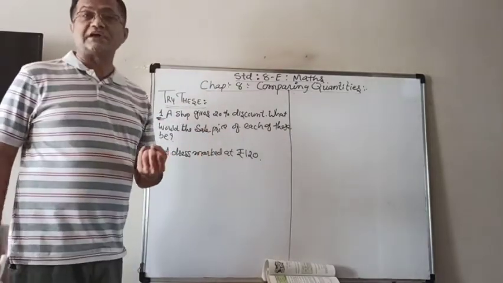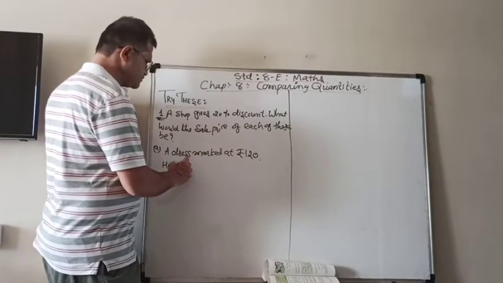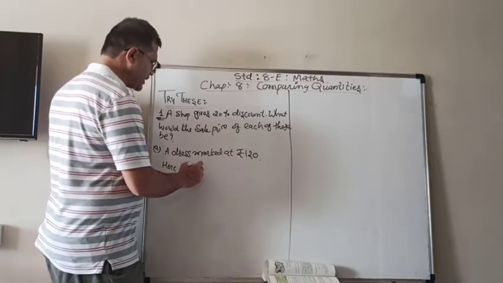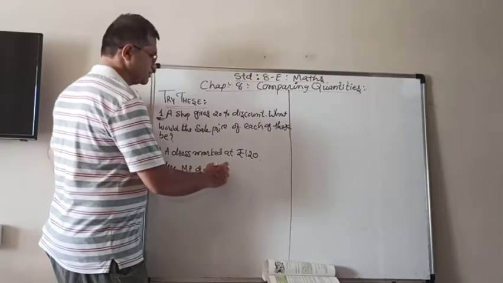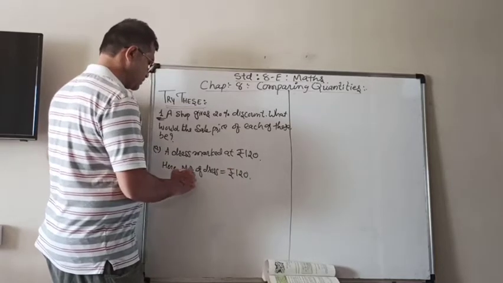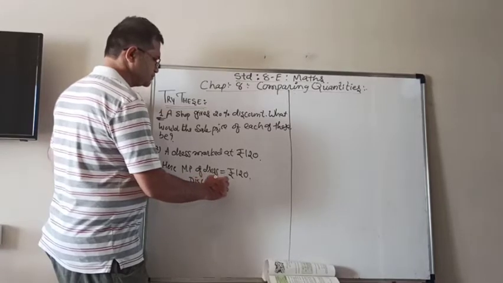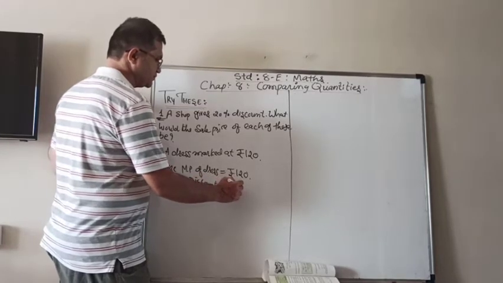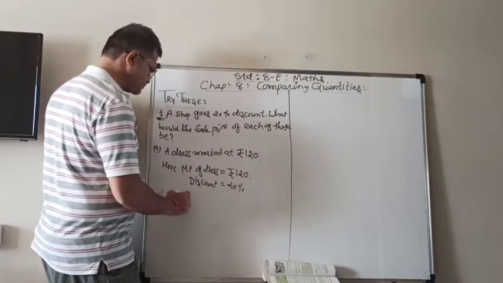Now we have to find the sale price. So here the marked price of the dress is rupees 120 and the discount percent is 20%. So therefore we have to find first the discount.